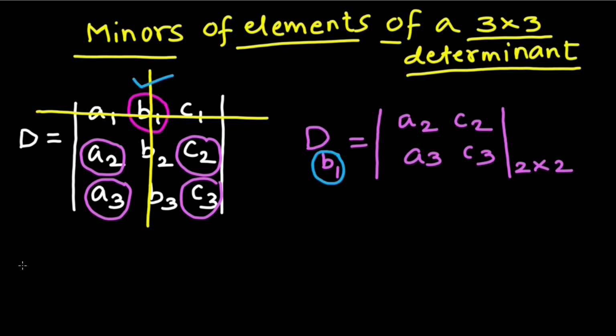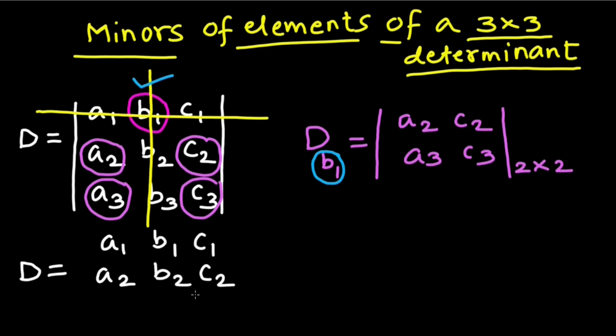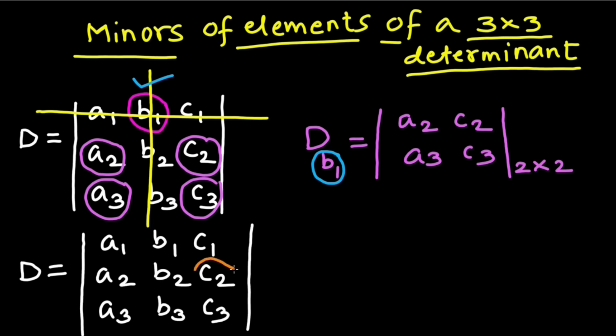Similarly, for the determinant D a1 b1 c1, a2 b2 c2, a3 b3 c3, if we want to find the minor of element c2, then we have to hide the row containing c2 and the column containing c2. What remains is a 2 by 2 determinant.